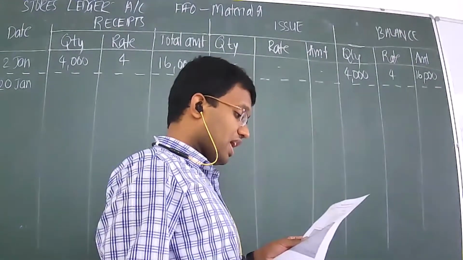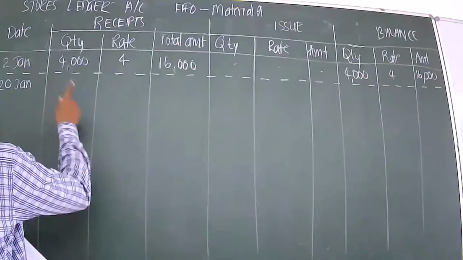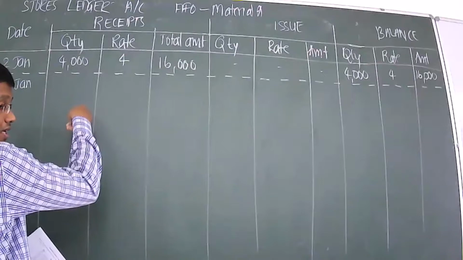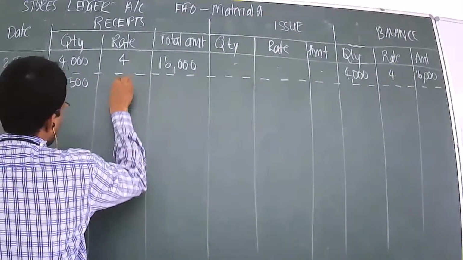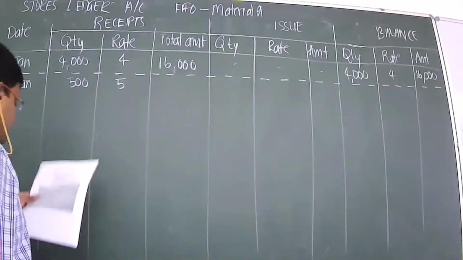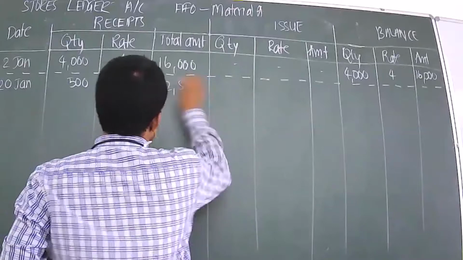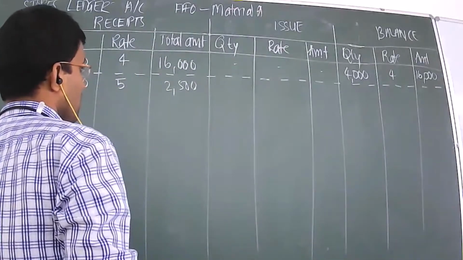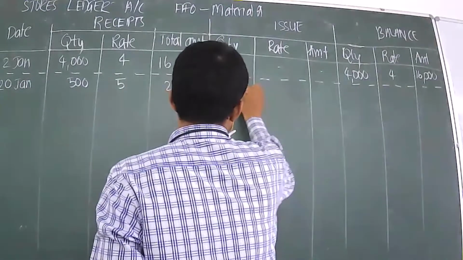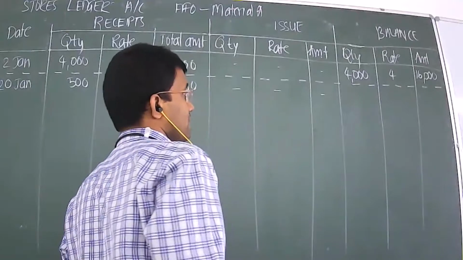This time they have bought at 5 rupees. So where will we record? We should be recording that under the receipts column. So let us do that. 500 units, you had purchased this at 5 rupees. 2,500 is the total. We did not have any issue, so nothing over here. Now let's record the balance.